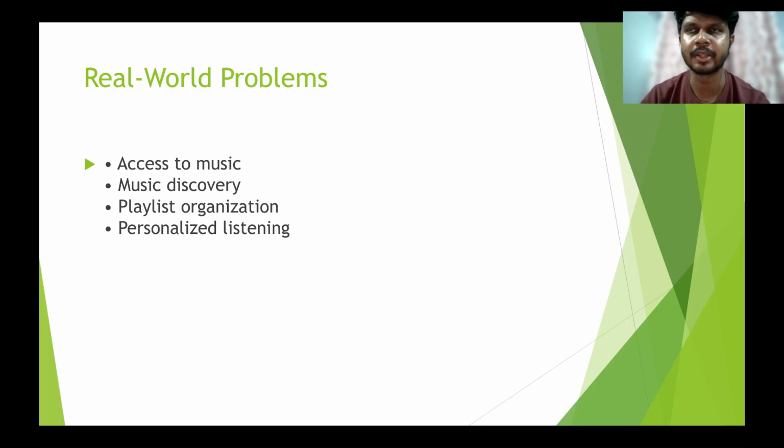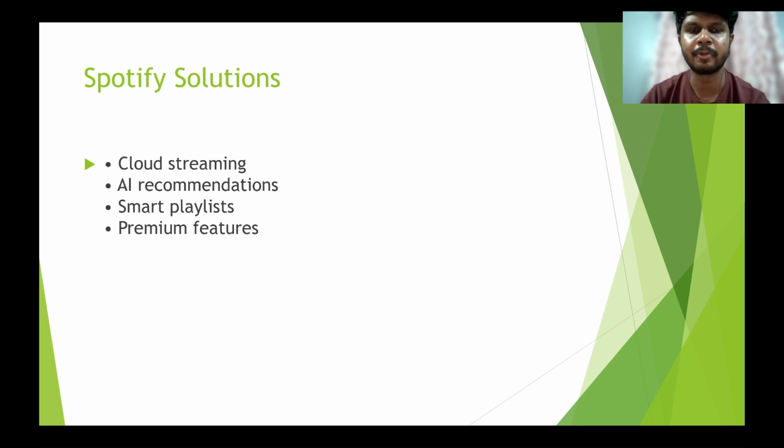For example, if I want to listen to some music on my laptop, and before that I was listening on my phone, I can easily log into my account and start listening from where I stopped. So now let's move to the next slide.